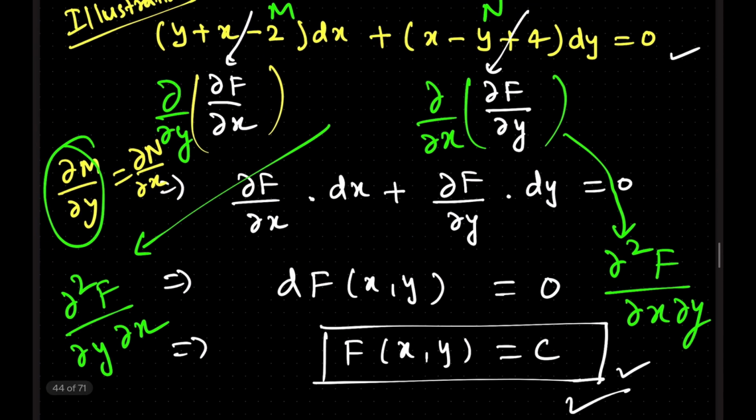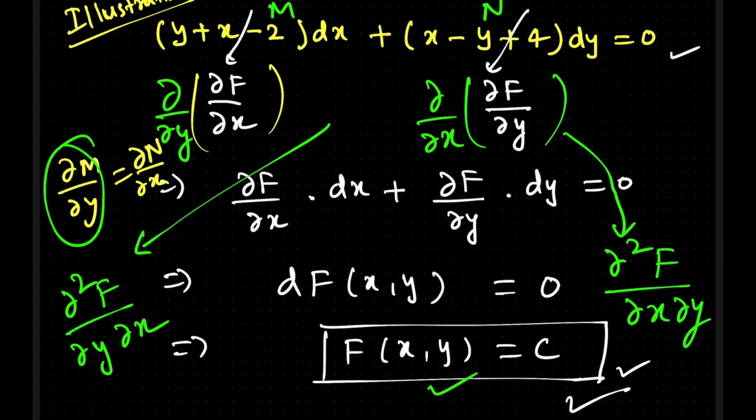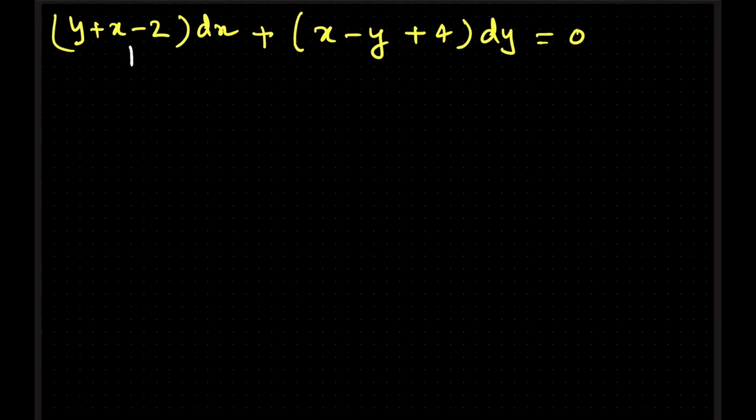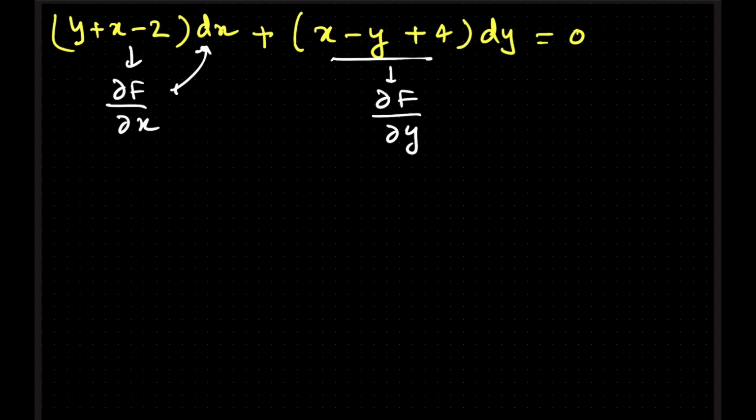Now we just have to find the function f(x, y). We assumed this as dou f by dou x and this as dou f by dou y. So we will first solve this. You get dou f by dou x is equal to y plus x minus 2.